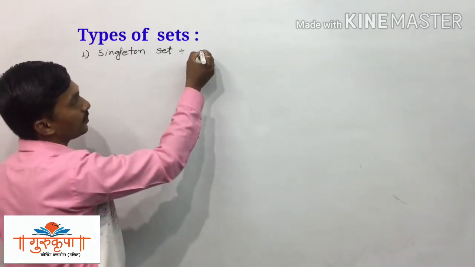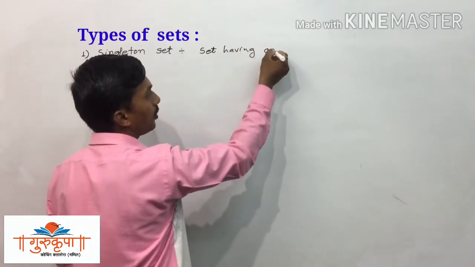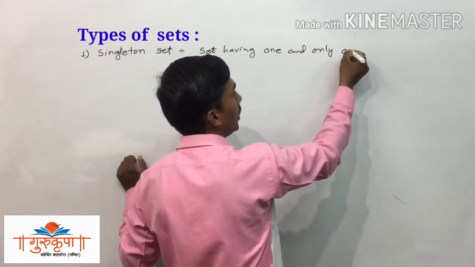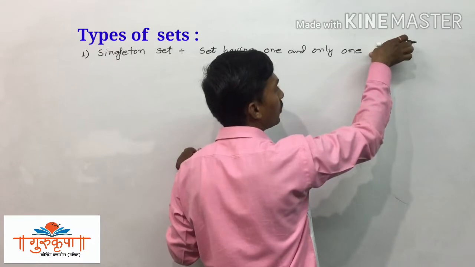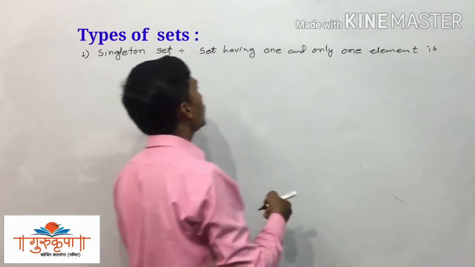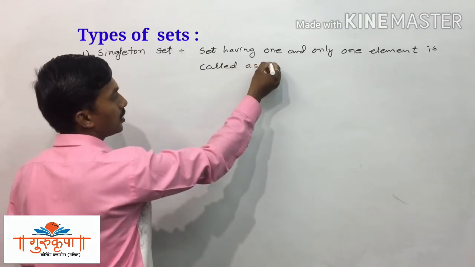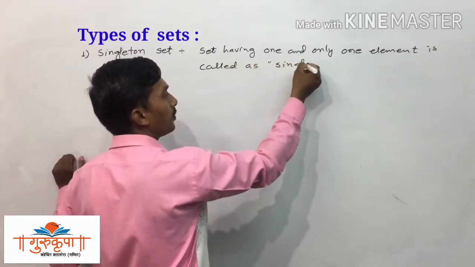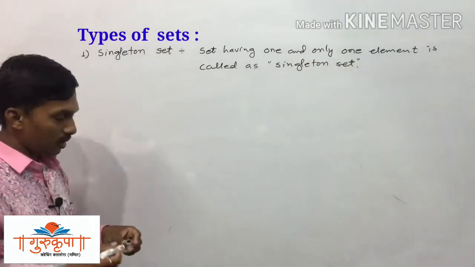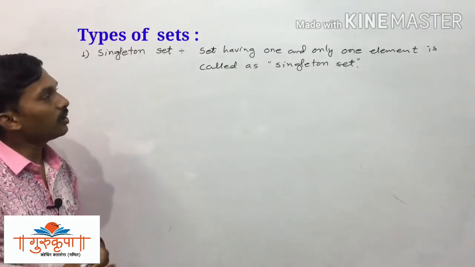So here we will write: a set having one and only one element or member is called a singleton set.